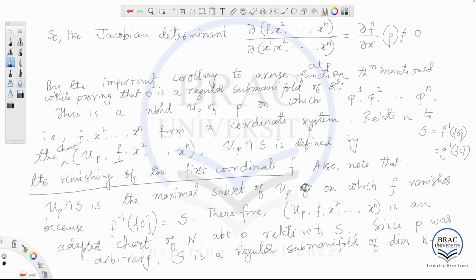Or in other words, in terms of codimension, it is of codimension 1. QED. Okay.